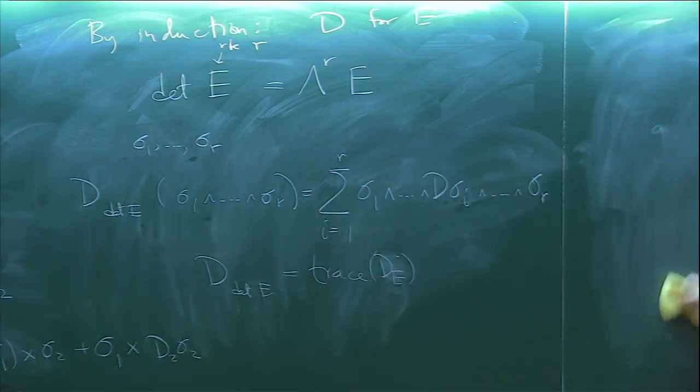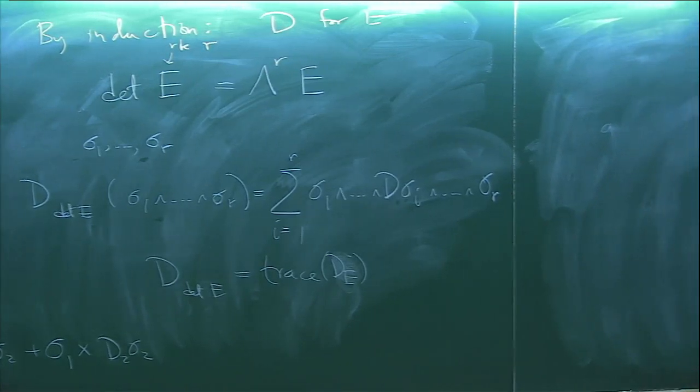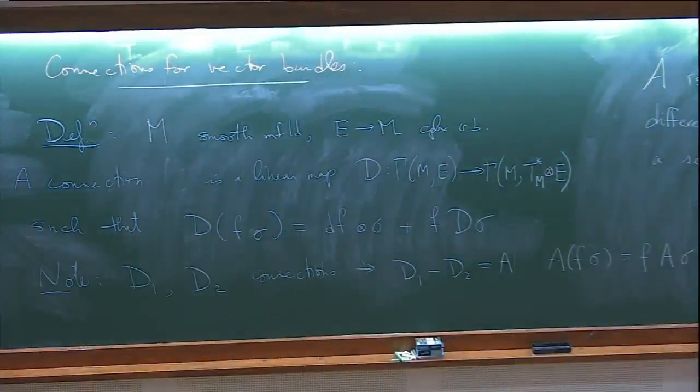Okay, so this is all well and good, except that what we've seen so far is that there are tons and tons of connections for any given vector bundle. Infinitely many connections, as many as there are sections of this vector bundle. So any smooth section of this vector bundle will give you a connection. So it's some huge infinite dimensional space.